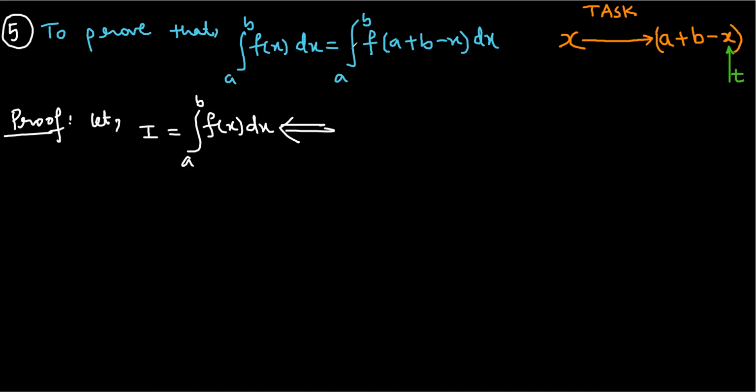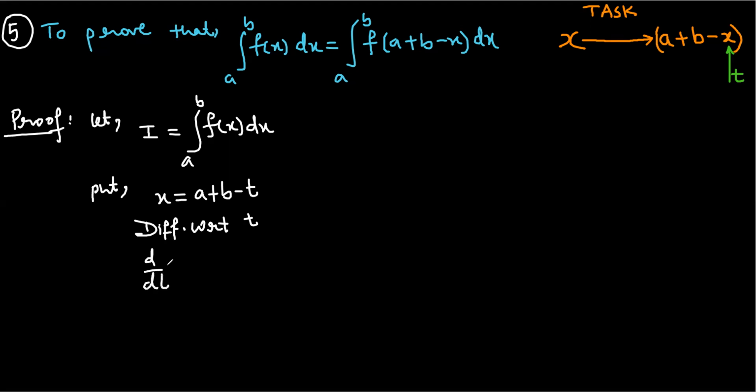I begin with my theory. I shall now be proving it. So see, how do I begin? I will write put x equals a plus b minus t. As you all know, after substitution in integration, we always differentiate because the differential has to be changed. When you are putting in t, you should be getting dt, and that is only possible when you differentiate. So I differentiate with respect to t.